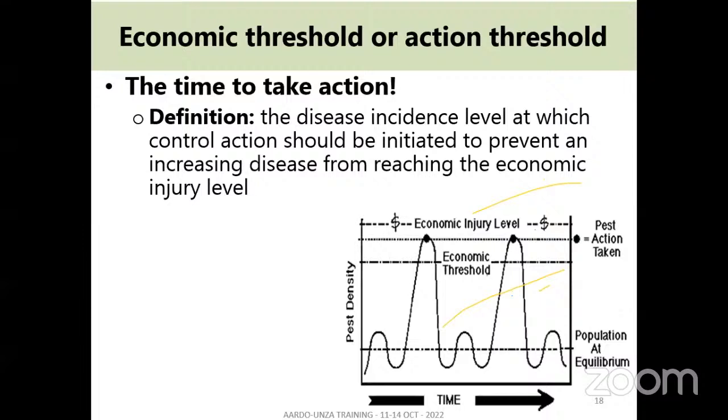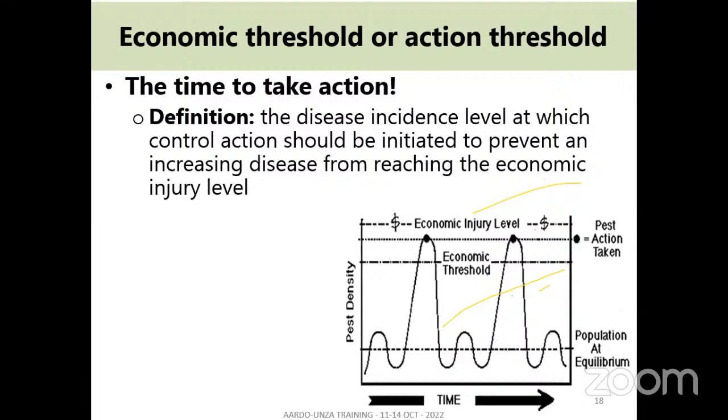Now, there are exceptions to this. There are some diseases that are known to be very, very problematic. Some diseases will show up, like I said with Phytophthora, and your action thresholds might be lower than for another disease.